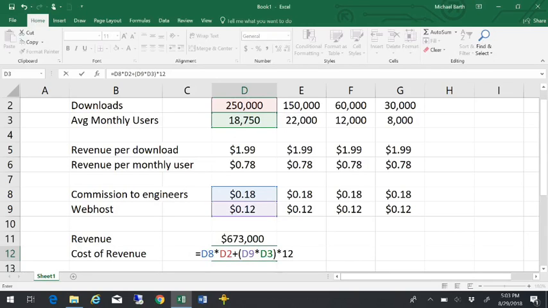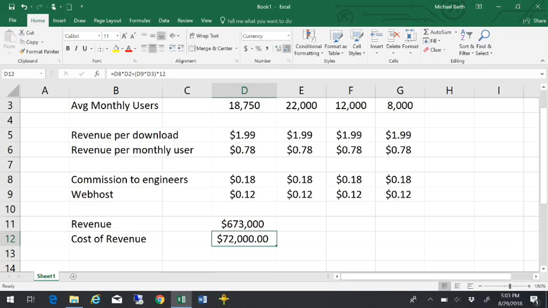Now, it's important to keep in mind that the download is a one-time thing, and it has its cost structure, and the average monthly users actually create both revenue and expense as they're going. So, we have revenue, we have the cost of revenue. We could calculate gross profit from there, but we don't really need to go into that level of detail.